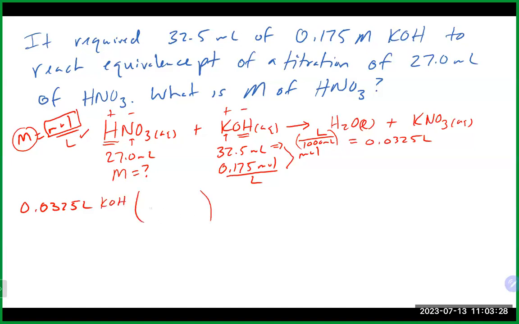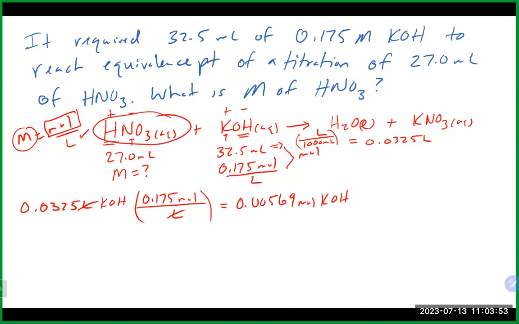Using our molarity as a conversion factor, we're going to multiply by 0.175 moles per liter. Liters cancel, and 0.0325 times 0.175 gets us 0.00569 moles of KOH.